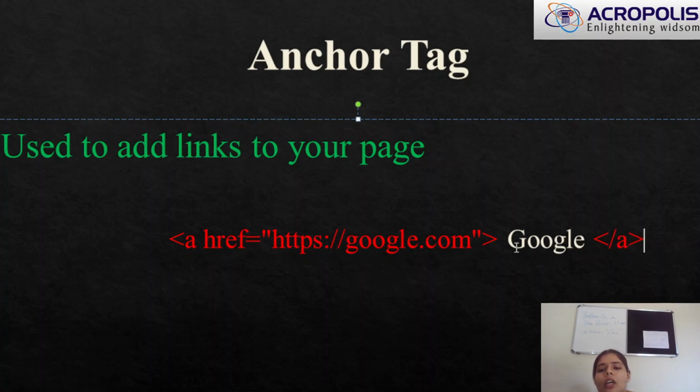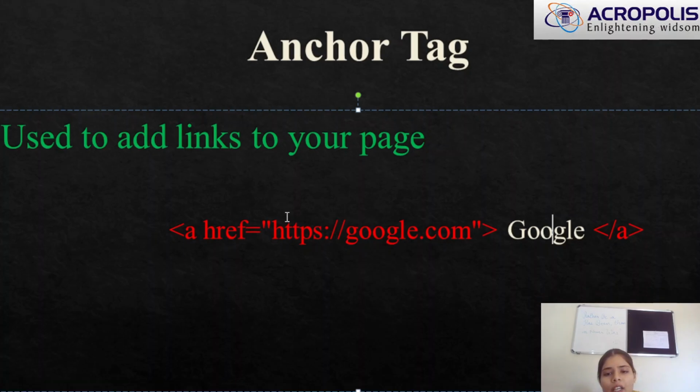Inside the anchor tag we are giving some content. On clicking on this content, we will go to the href https://google.com. The href is the path of the link.